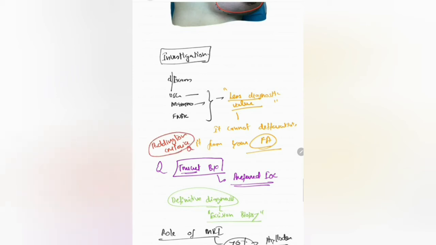So when you will do a true cut biopsy for a case of phylloides, I want to make it clear for you what the terminologies mean. What is your mitotic activity?